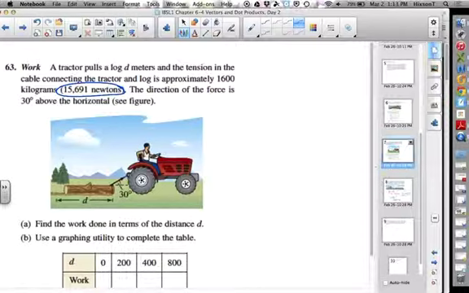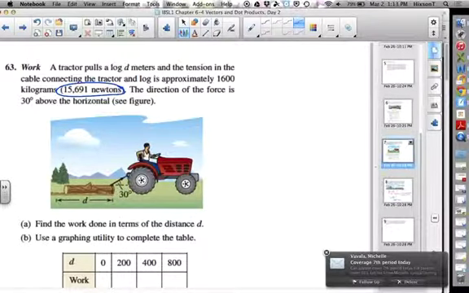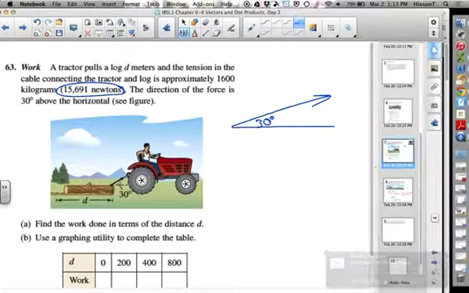In this one, you had your vector, you were pulling at a 30-degree angle, and the magnitude was 15,691 newtons.